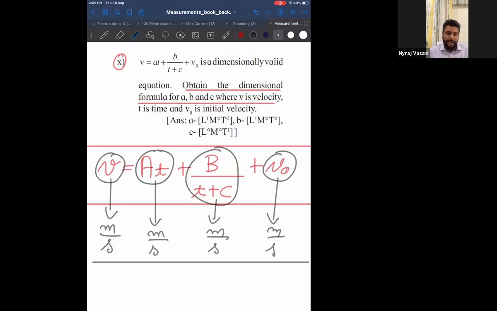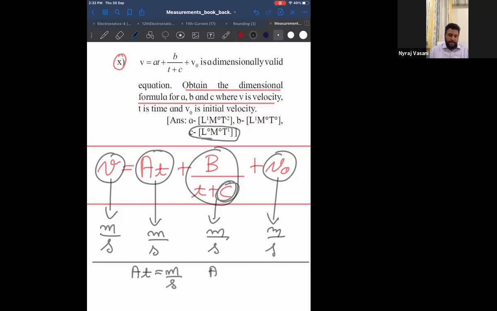Therefore, first I can directly tell you that C is second because of T plus C. That means I can only add similar dimensions. Therefore, the dimension of C should be the same as that of time. Therefore, even C should be second. So if you look at C, it is L0, M0, T1. Now, if I start with A, can I say A into T should be meter per second?